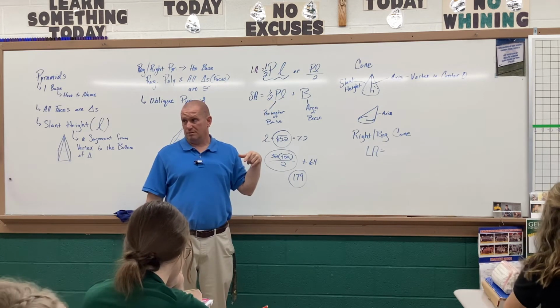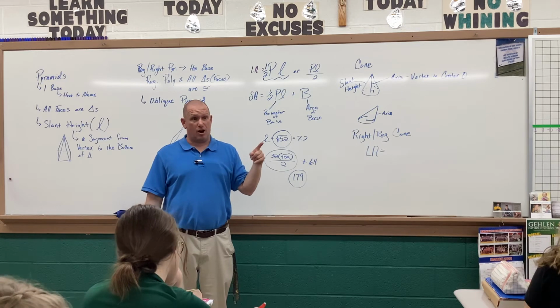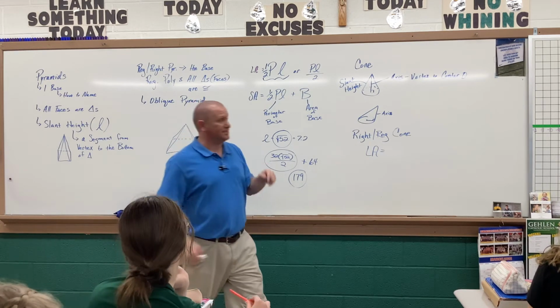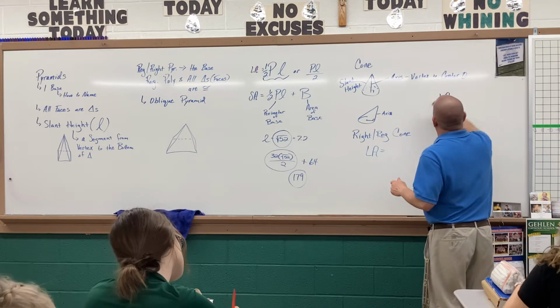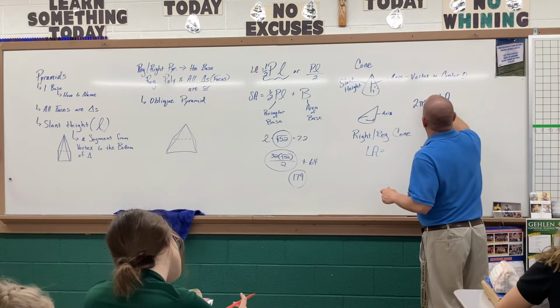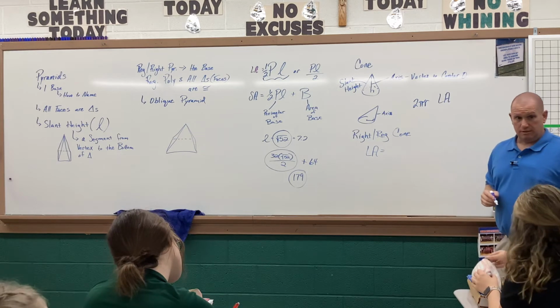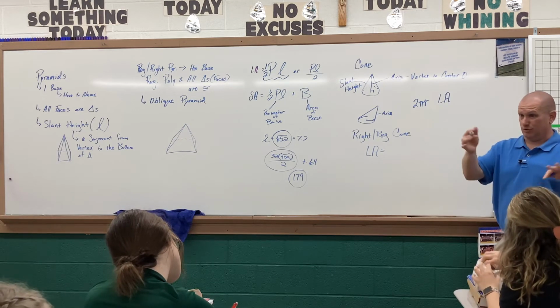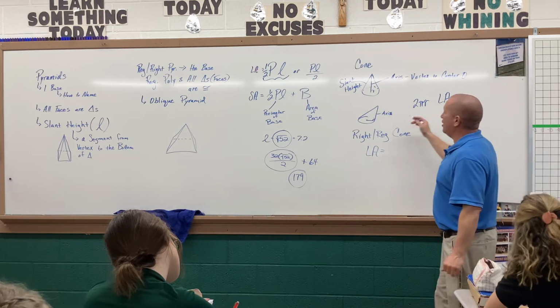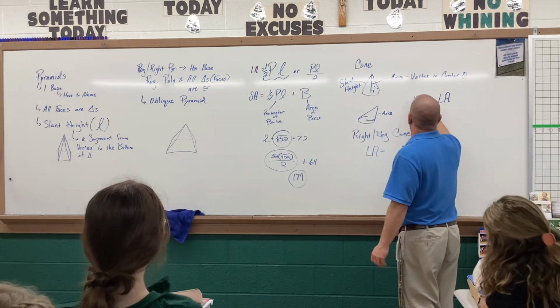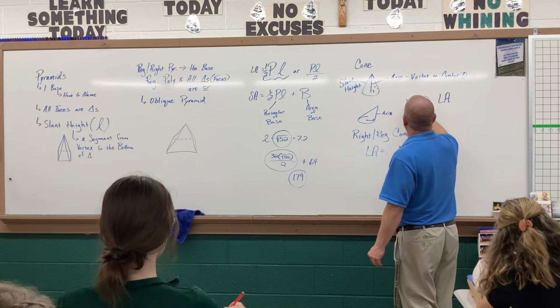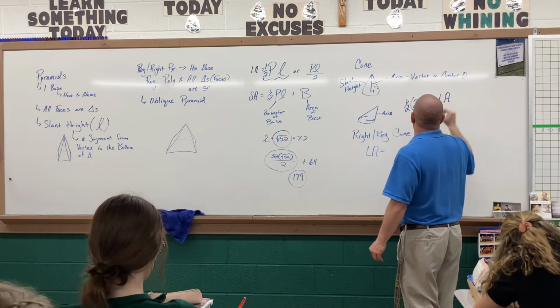It's 2 pi r, or pi times diameter. Now listen, a lot of the time, if you use 2 pi r, it's easier. If we stick it into this formula right here, we'd have 2 pi r, because that's our P, times a half, and then times my slant height.